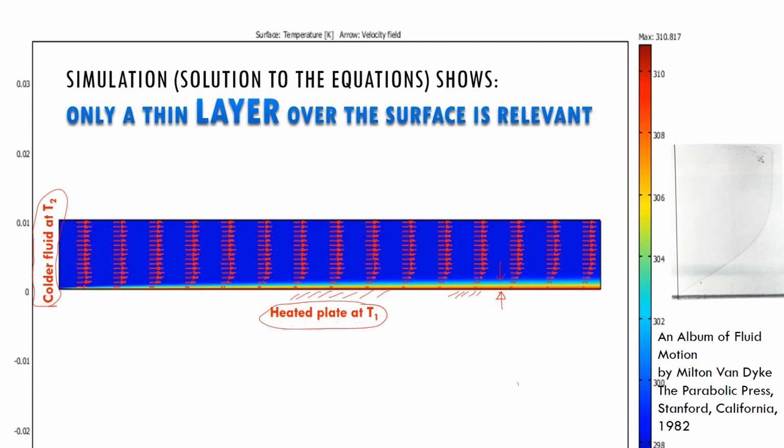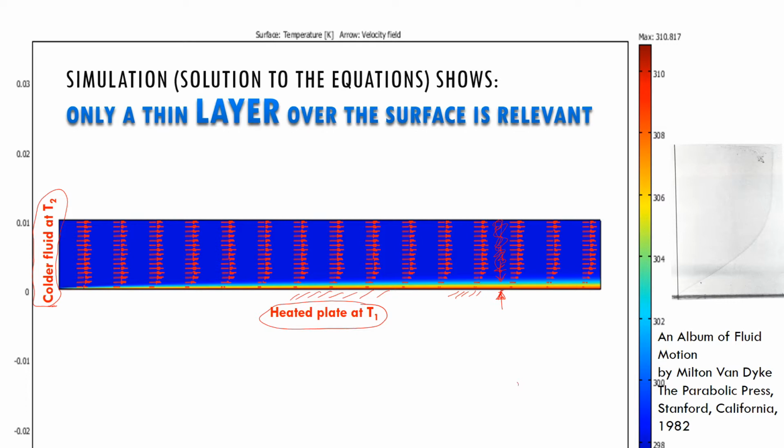The solution came out this way. So if we do the full solution, we find that these areas here, they are not contributing to anything. So all the actions are happening here. And this is for heat transfer, so it goes from red to blue.